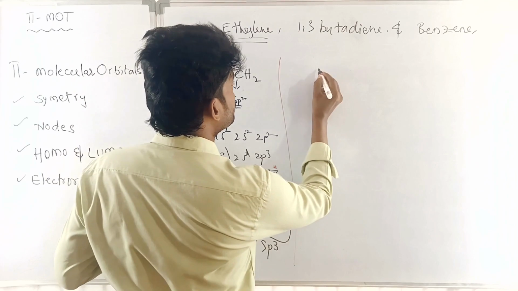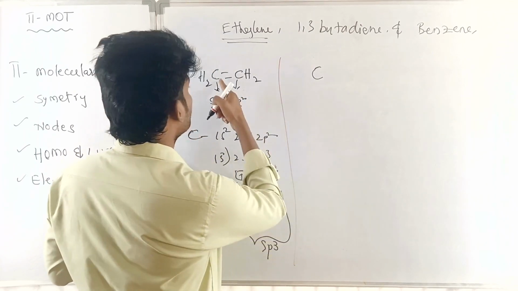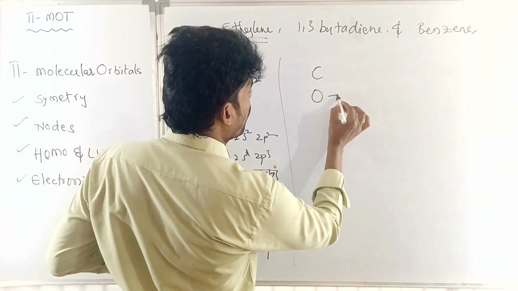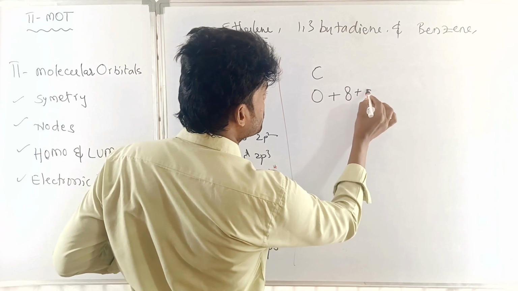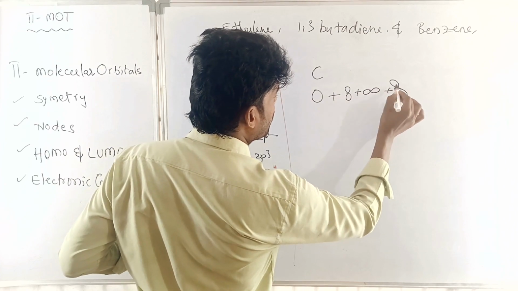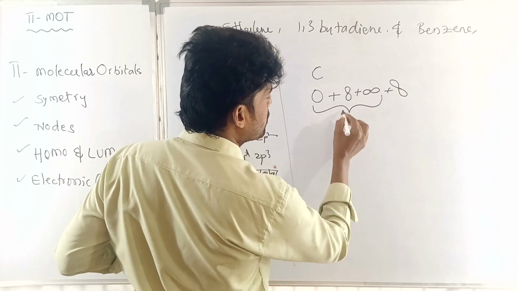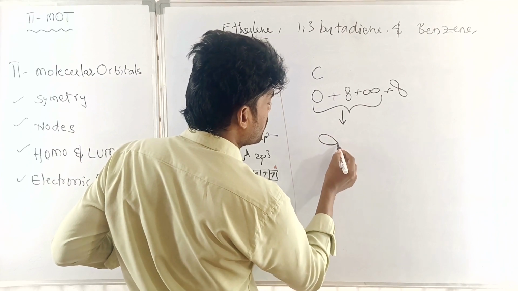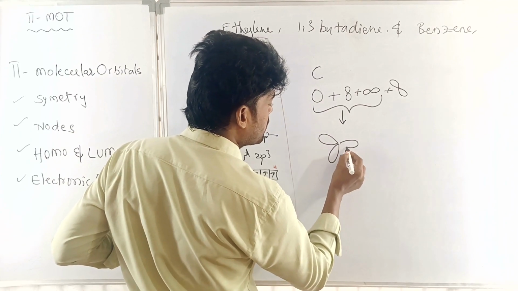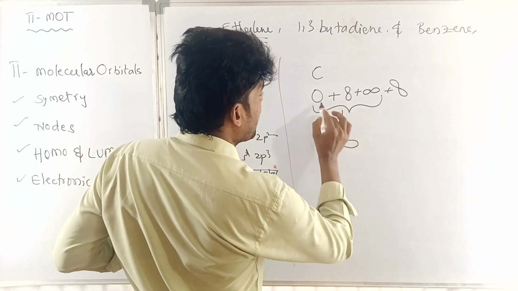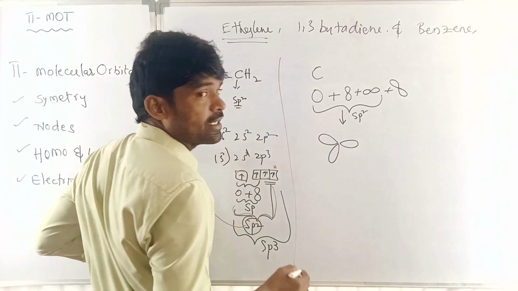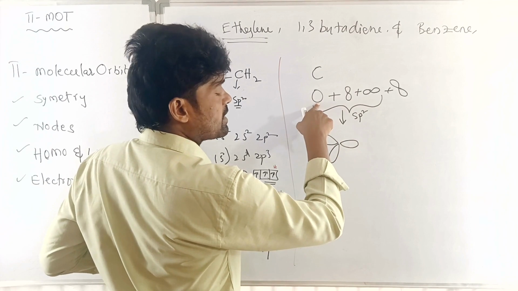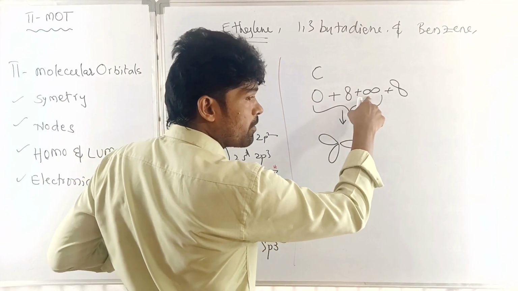Carbon atom, when the s orbital and two p orbitals are participating in hybridization, then they will produce three sp2 hybridized orbitals. Before hybridization, the orbitals are like this: S orbital is spherical, p orbital is dumbbell, and another p orbital is also dumbbell.